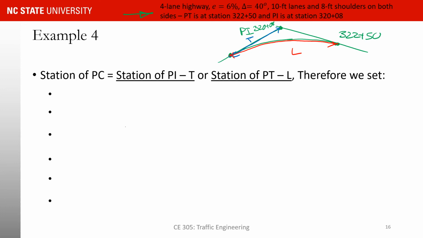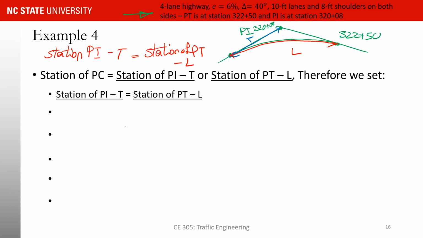So what I can say is that station of PI minus T is equal to station of PT minus L. So if I do that, then I can start calculating some of the unknowns that I have here.